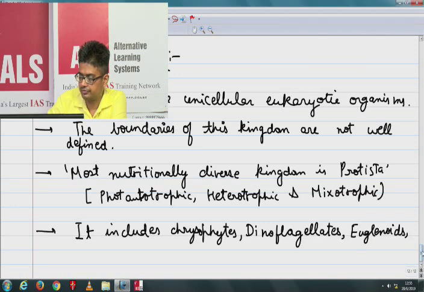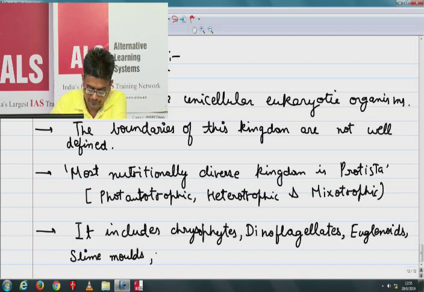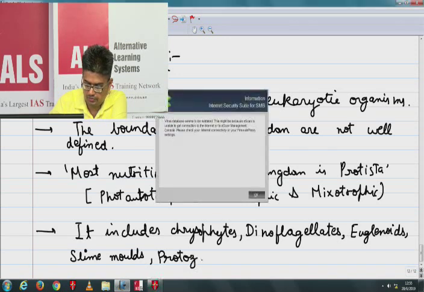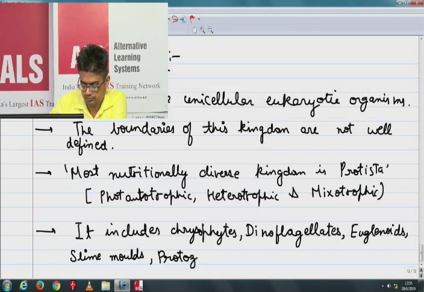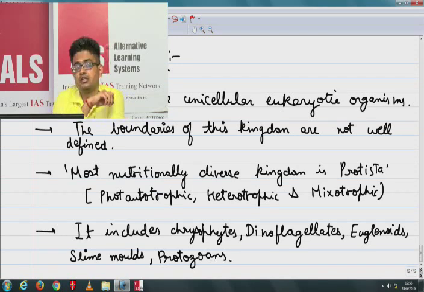These are the organisms that we have to study.